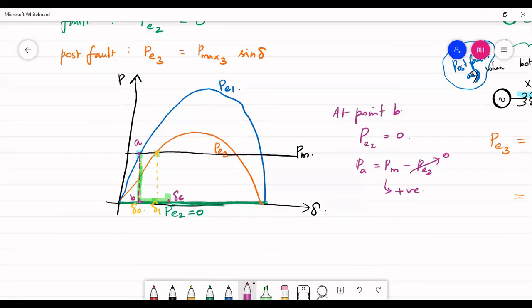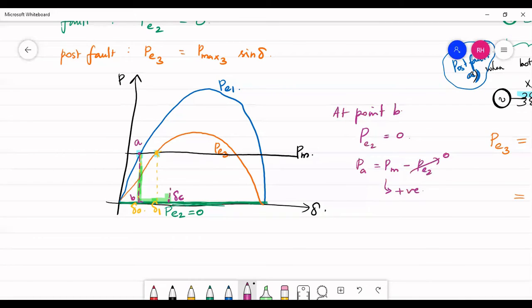So delta C, let it be the clearing angle. The rotor accelerates and the rotor angle increases, and when the angle is equal to the clearing angle, let me clear the fault.